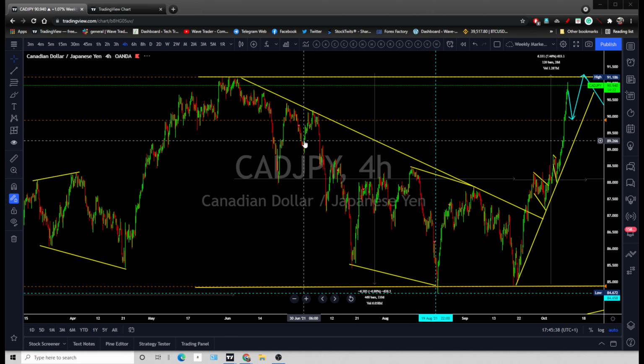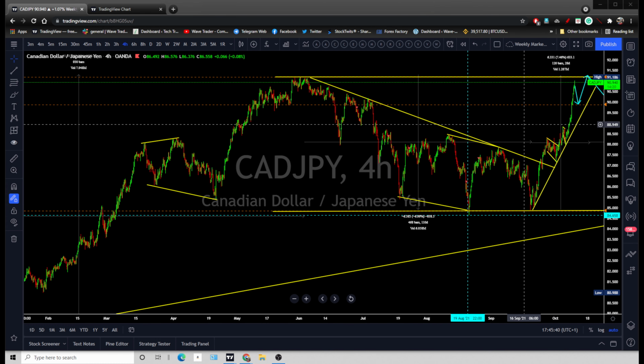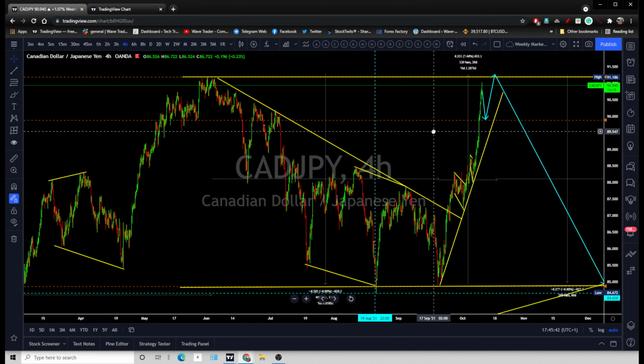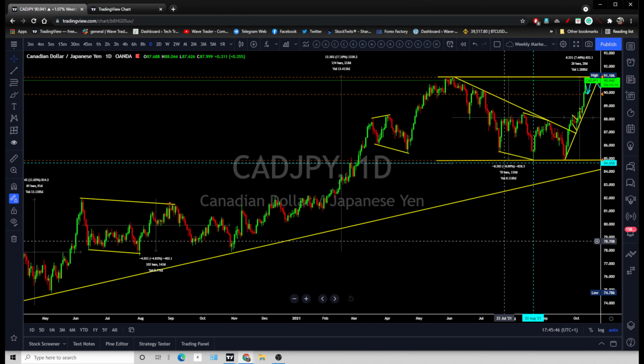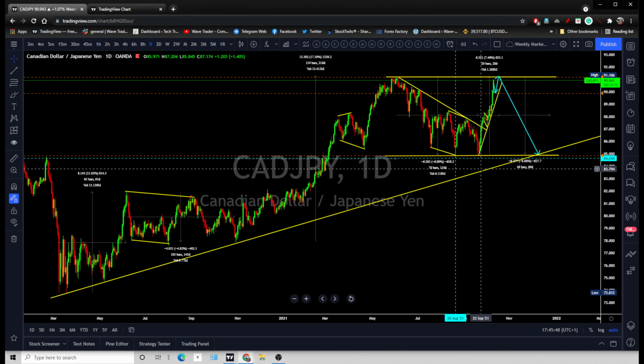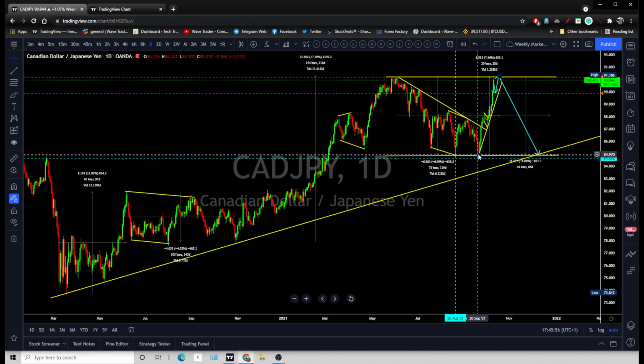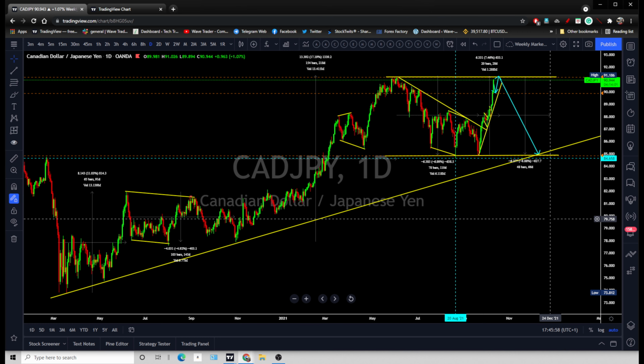Once you see the price dropping aggressively from that top, then get into the market and look for CAD yen to go all the way back to that 84, 85 area, because I'm expecting a sharp sell-off and a quick drop on the CAD yen all the way back to that low within the next 4 weeks.